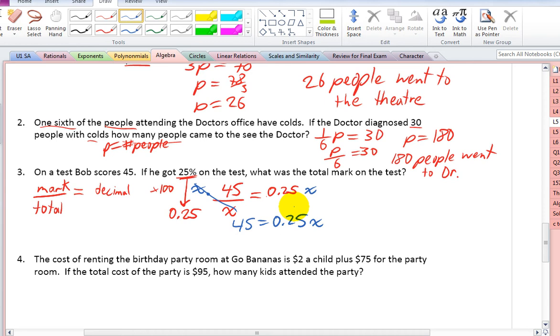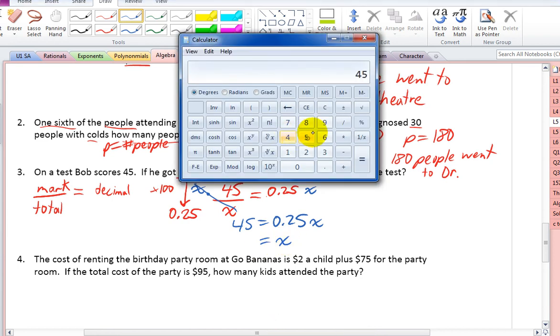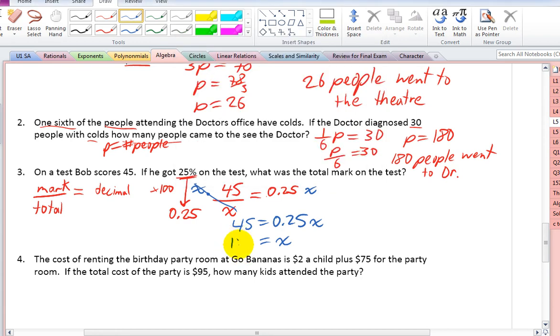Now you can solve for X. So X equals 180. What's the answer to the question? Test was 180 marks.